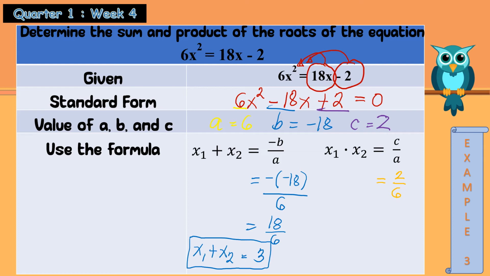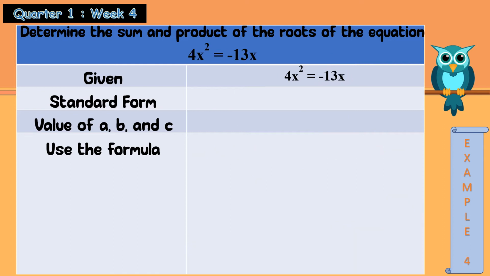So when we simplify 2 over 6, this will now become 1/3. Okay, bakit po naging 1/3? Because the greatest common factor of our numerator and our denominator is 2, so we have to divide both our numerator and our denominator by 2. That's why we have here our answer, which is equal to 1/3.